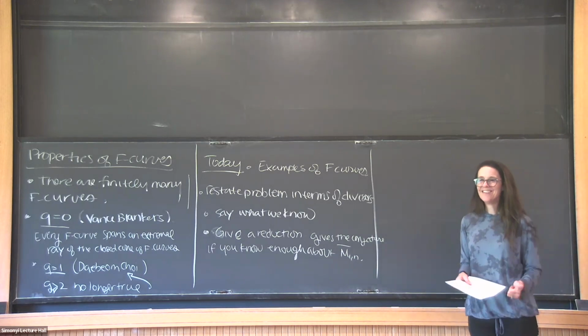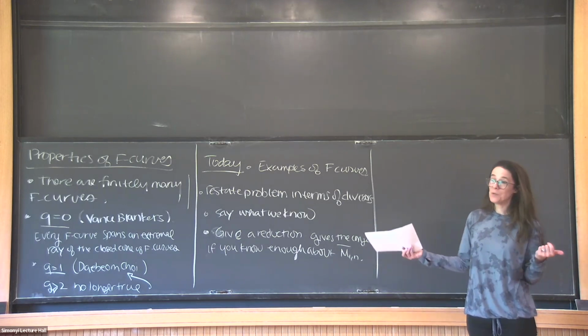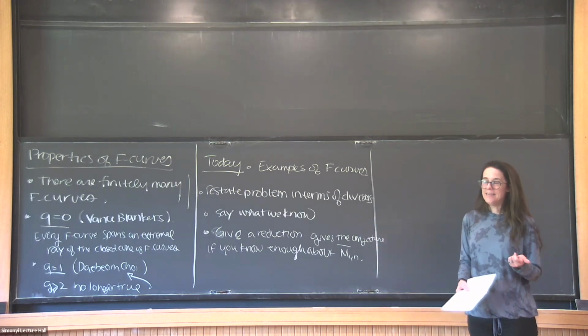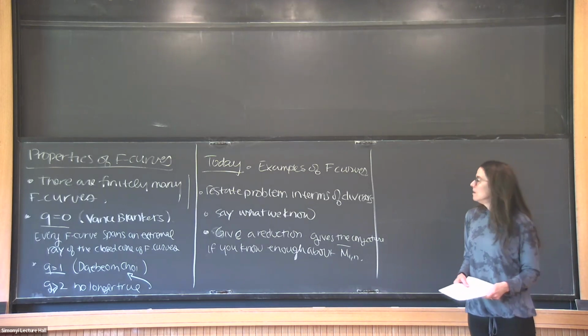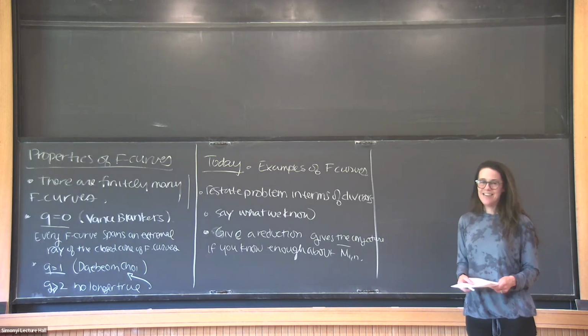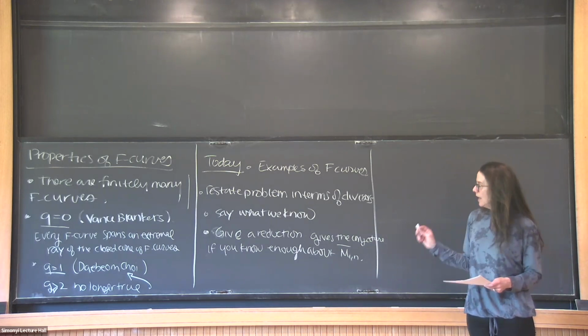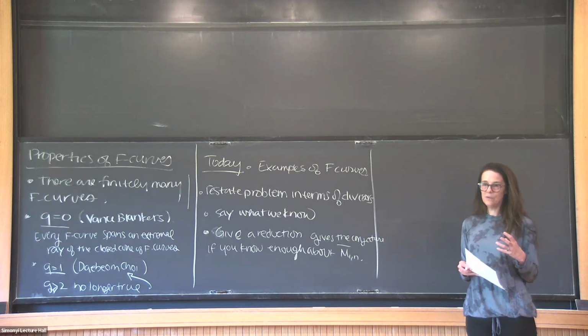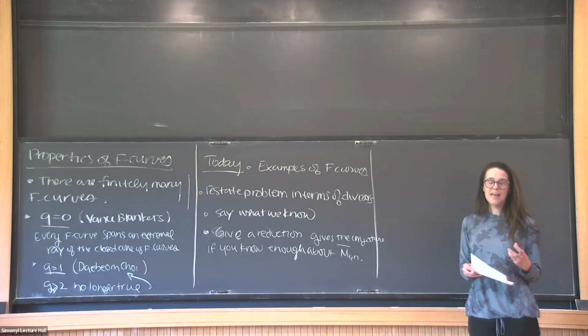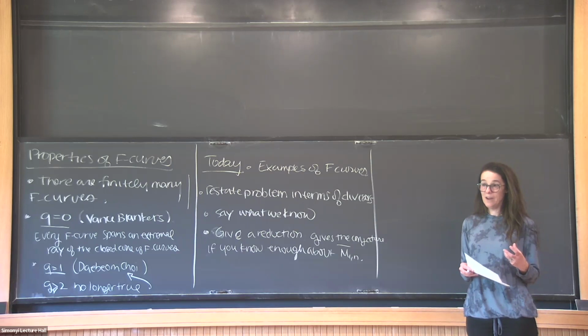That's one thing. Another thing is, it's 20 years old, and a lot of people have worked on this problem. So I think that there's a good chance that it's not true. And what I like about my reduction is that it isolates some divisors. It tells you some limitations of what we know.